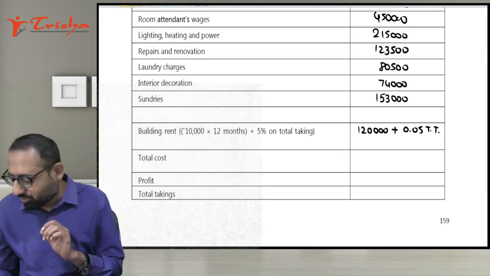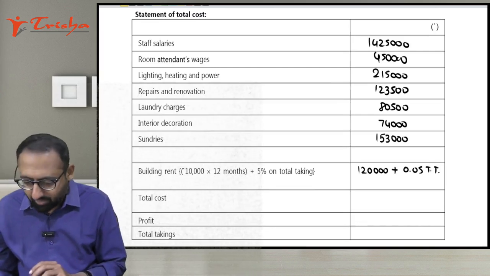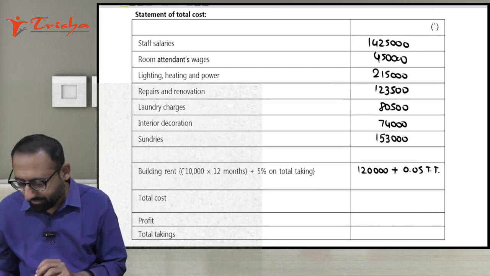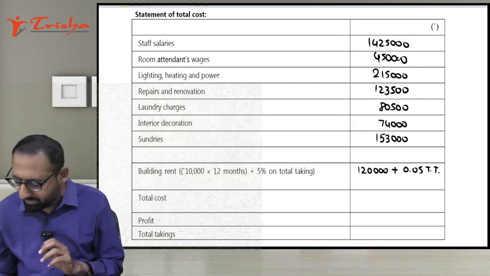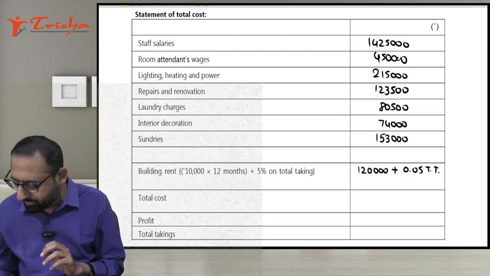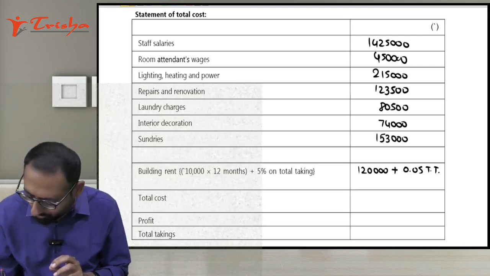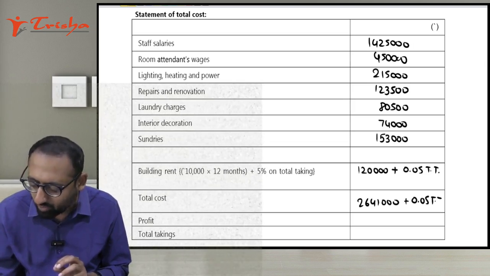So the total cost is 14,25,000 plus 4,50,000 plus 2,15,000 plus 1,23,500 plus 80,500 plus 74,000 plus 1,53,000 plus 1,20,000. Your total comes to 26,41,000 plus 0.05 of total taking.